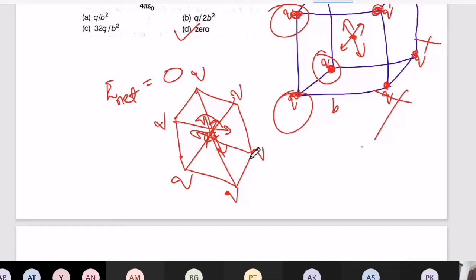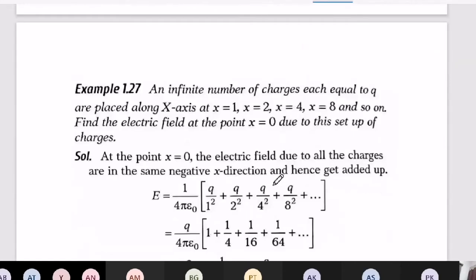That's where they will give these shapes: triangle, square, cube and pentagon in all these CET, NEET, JEE level questions. So this is how you have to solve questions based on the electric field due to a system of point charges.